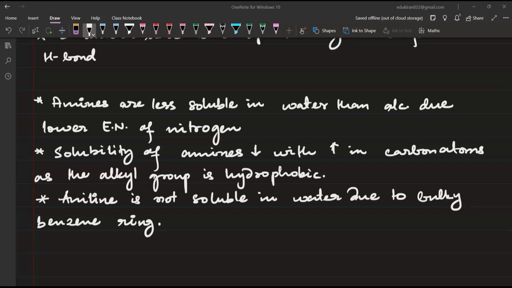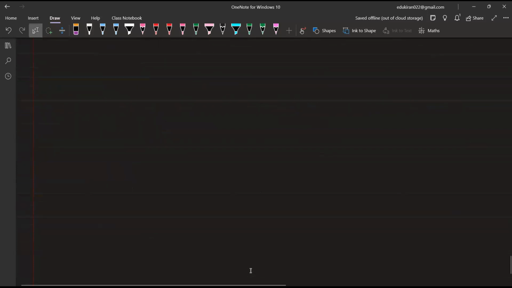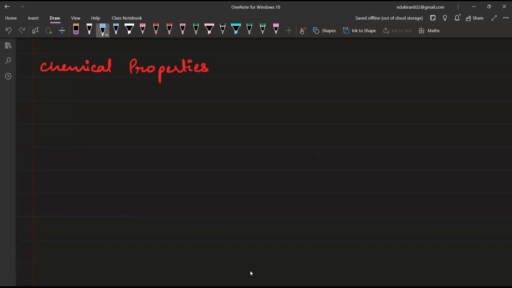Now, after this, write chemical properties. Okay, in chemical properties, write the first reaction.